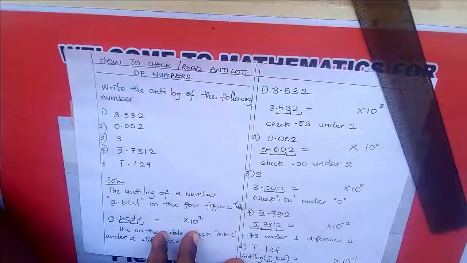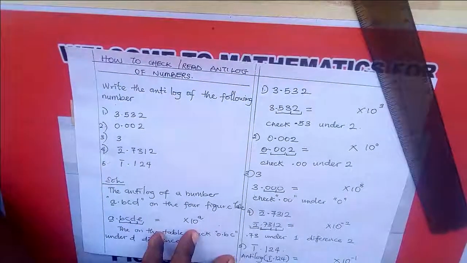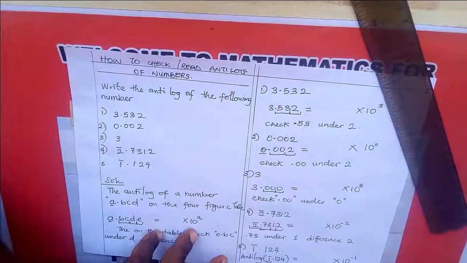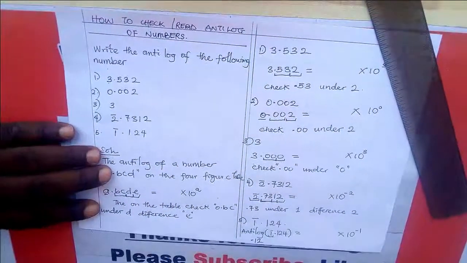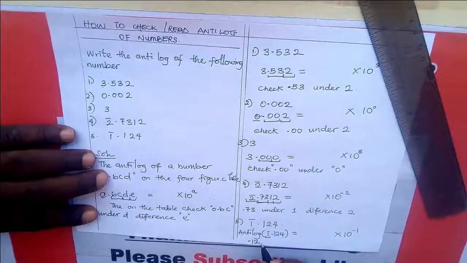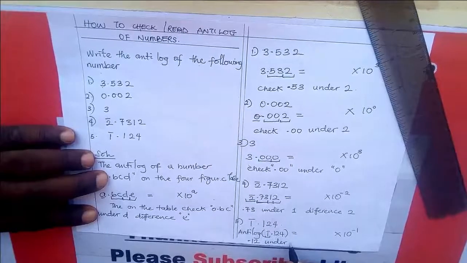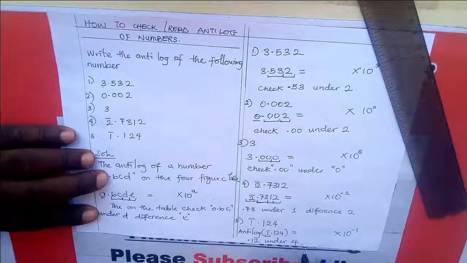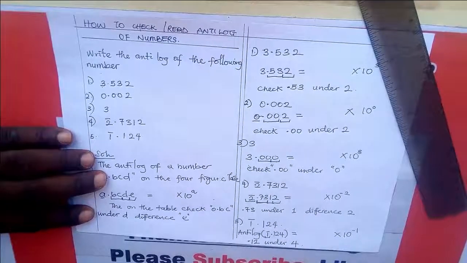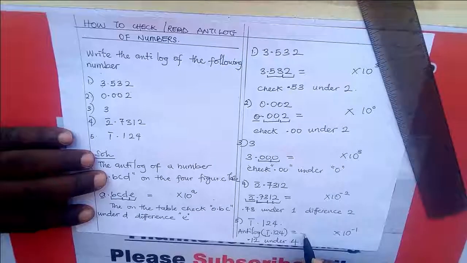Then I'm going to check for 0.12. So check on 0.12 under 4. There is no difference. So you write your answer here.